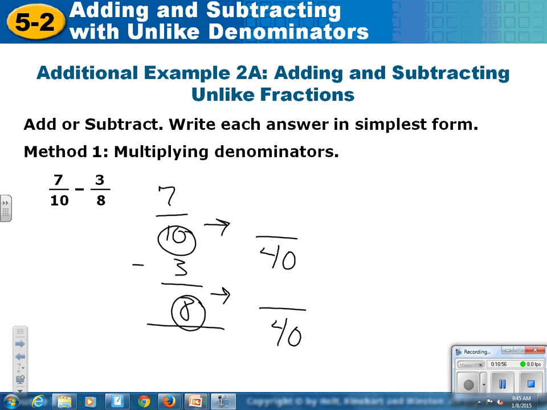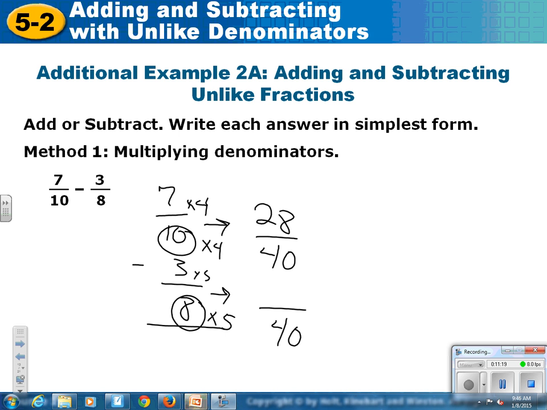In order to turn this 10 into a 40, you have to multiply it by how many? Times 4. Whatever you do to the bottom, you have to do to the top. 7 times 4 is 28. To go from 8 to 40, what do I have to multiply by? 5.